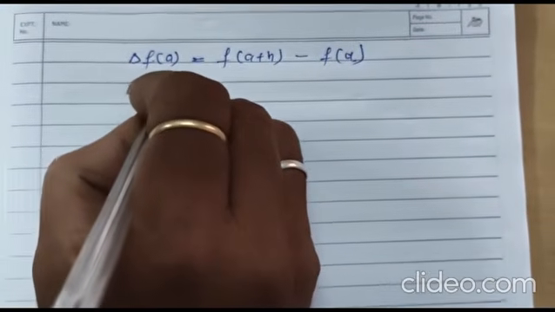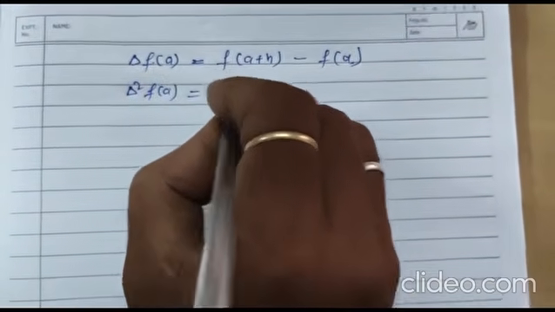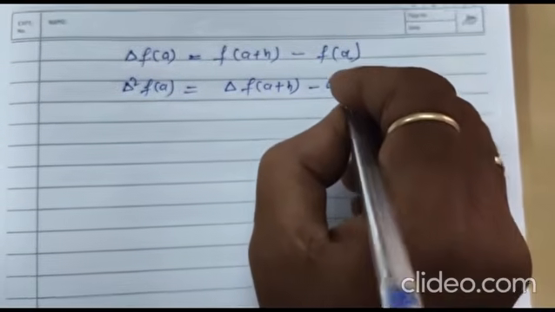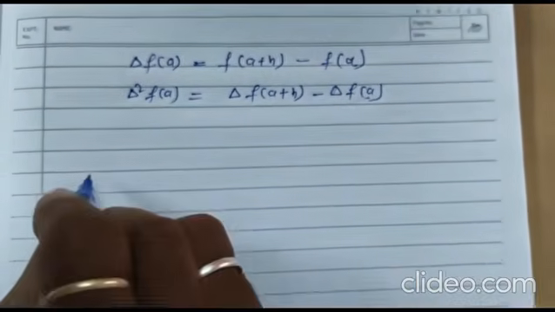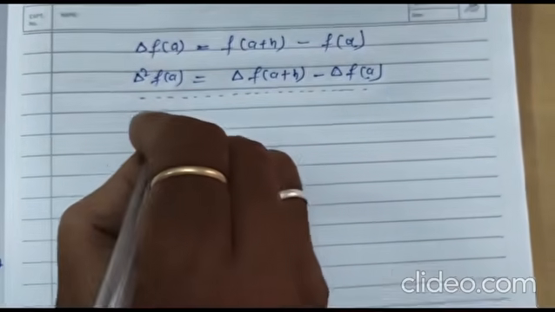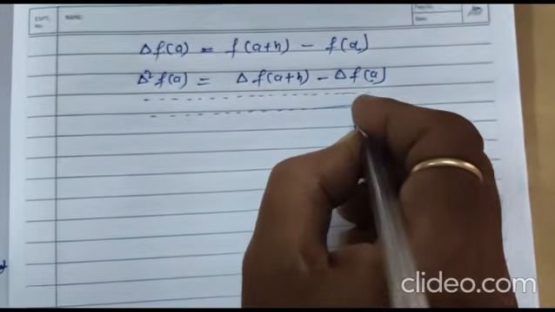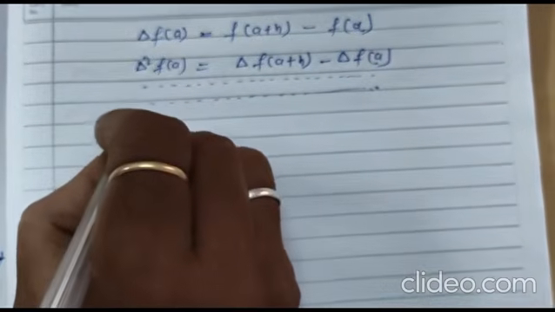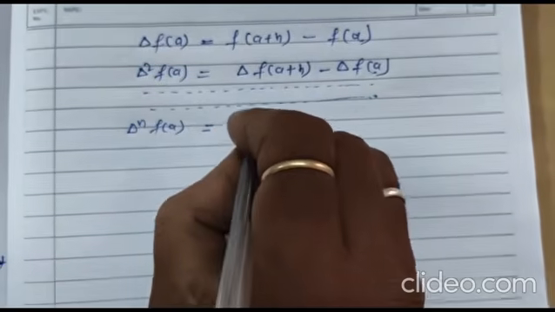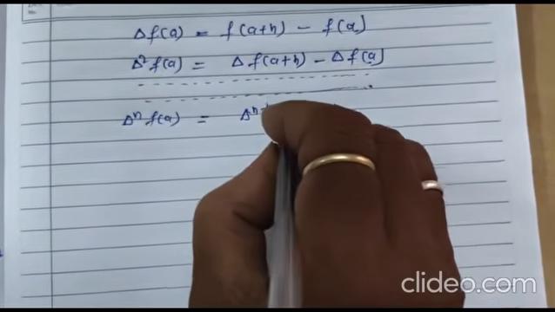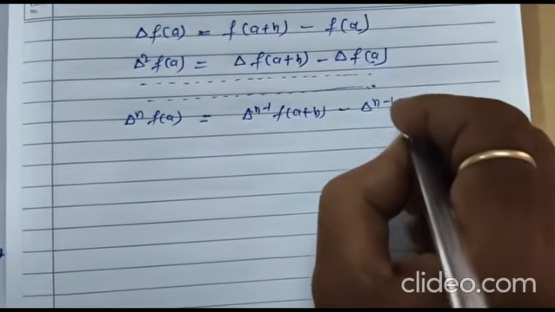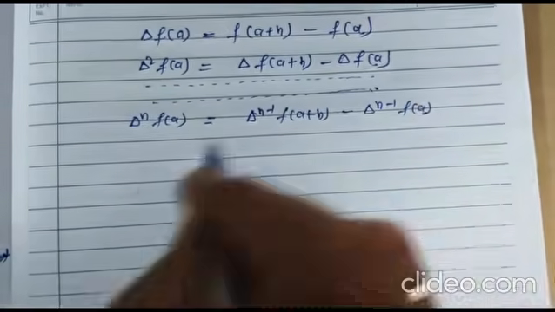Del square f(a) is equal to del f(a plus h) minus del f(a), and so on. Del n f(a) is equal to del n minus 1 f(a plus h) minus del n minus 1 f(a).